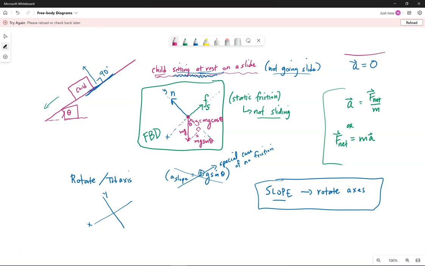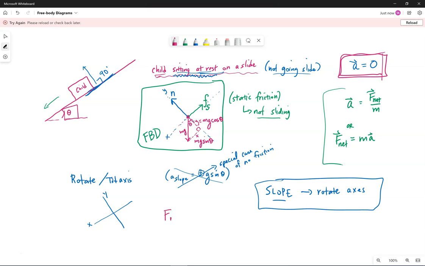So if we go back and remind ourselves that in this specific situation, this child is at rest, they are not going to slide, that means they can have no acceleration. That means the net force has to be 0.